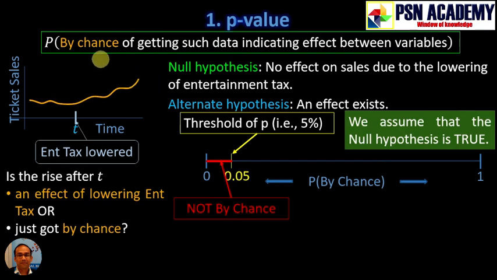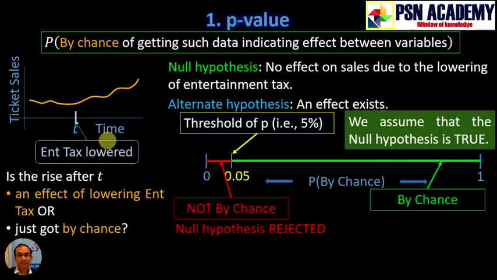So it's a very low probability of by chance, okay? So whenever you get a low probability of by chance, you reject the null hypothesis. That means there is an effect going on between the entertainment tax lowered and the ticket sales, right?